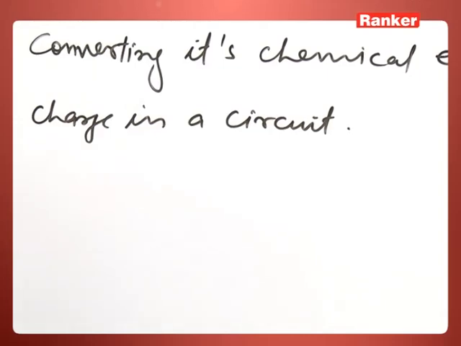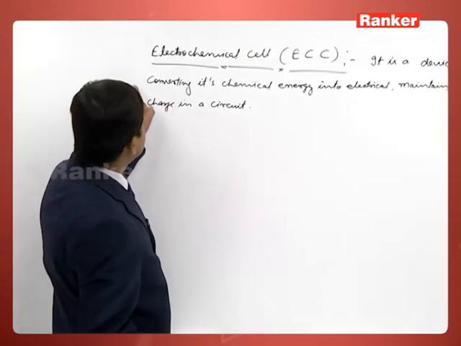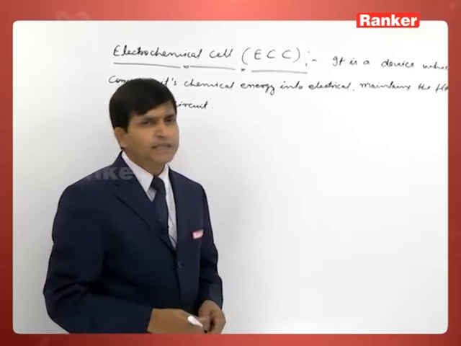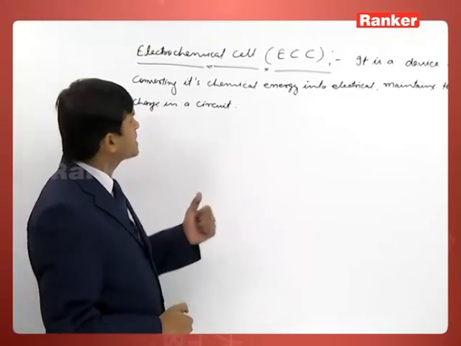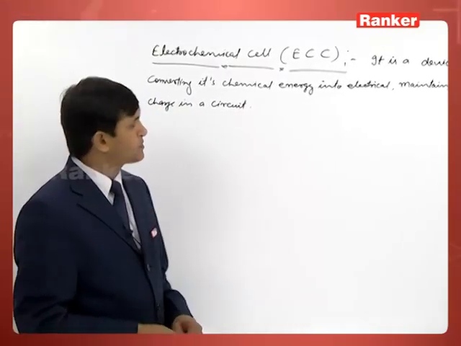This is the main purpose of a cell. It is a device which by converting its chemical energy into electrical maintains the flow of charge in a circuit.